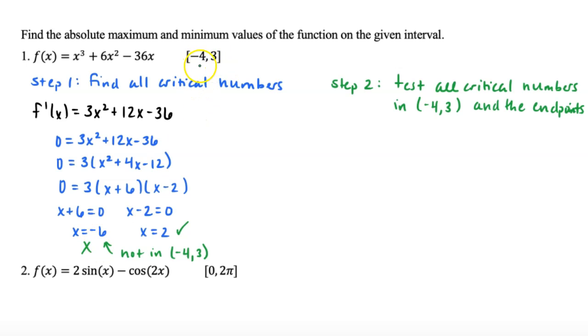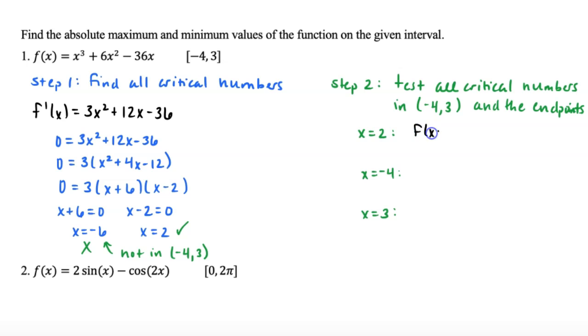I might get that there's a larger or smaller y value than any others outside of this interval, but I'm only worried about what's inside of this interval. And so I'm going to test x equals 2. I'm going to test, and now my two endpoints, x equals negative 4 and x equals 3. And I want to plug these into my original function f of x.